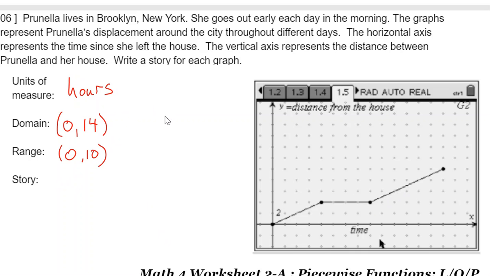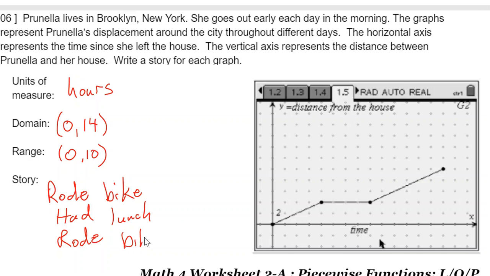It also could be she rode a bike somewhere, stopped and had lunch, and rode her bike some more. And maybe she was going to go spend the night with a friend or something like that.